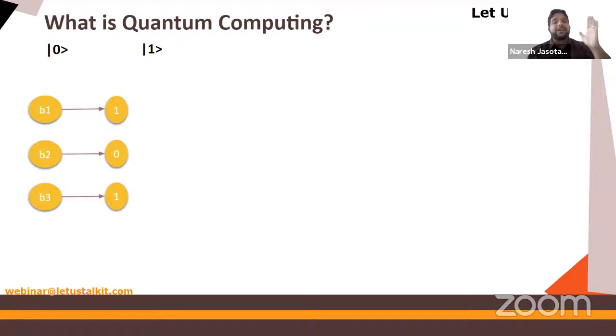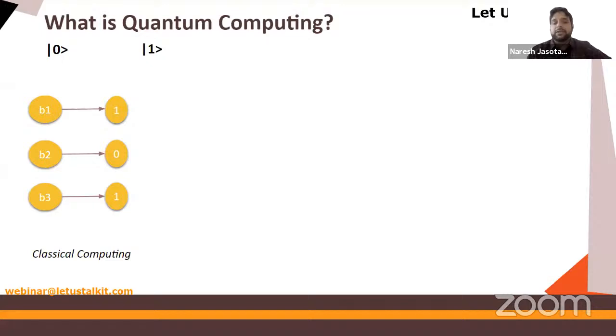Now, if you have a classical bit, let's assume you have 3 bits, B1, B2, and B3, with the states 1, 0, 1. It cannot have any other state. If you measure B1, it will be 1 always, unless and until you change it. B2, 0 always, and B3, sorry, 1 always, unless and until you change it.